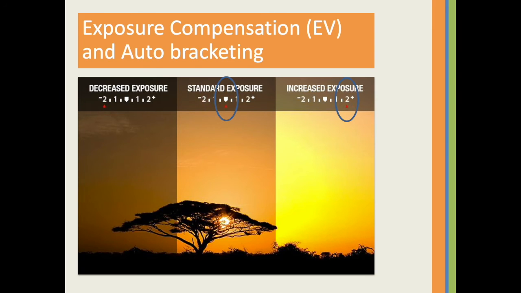On the other hand, if I want a darker silhouette and a darker image that is more moody, I can do the same thing, still with the quick control dial, but I underexpose it by -1 or -2. And again, you read that on your light metering scale. So exposure compensation is what's going to allow you to over or underexpose an image according to your taste.